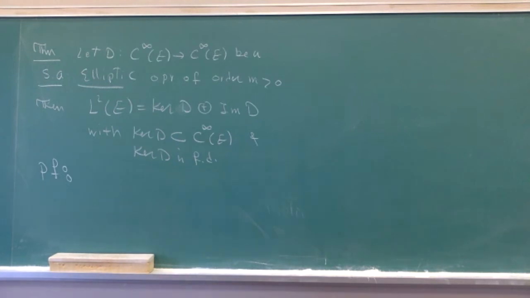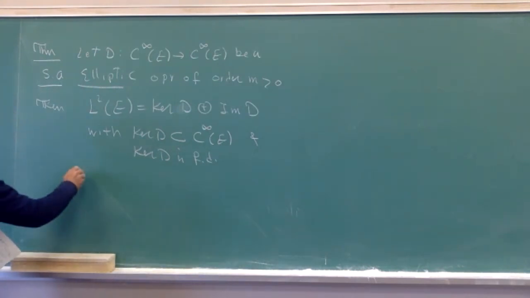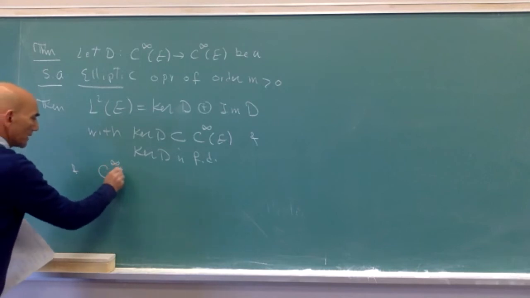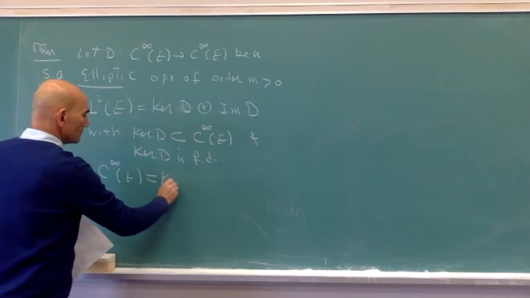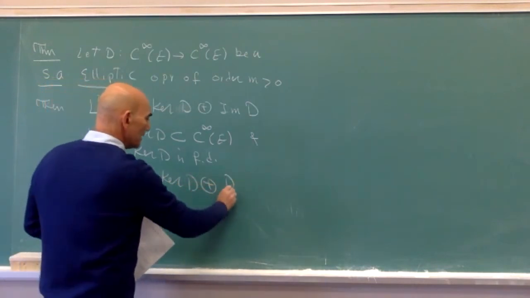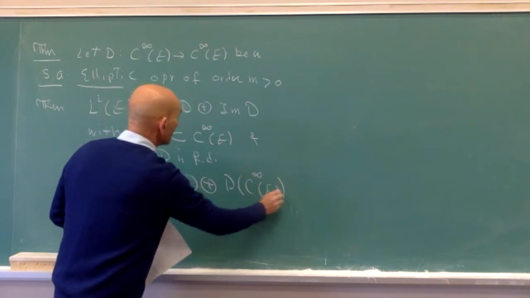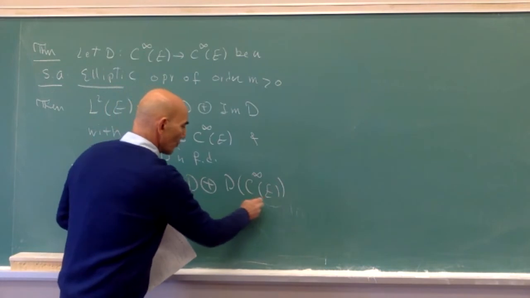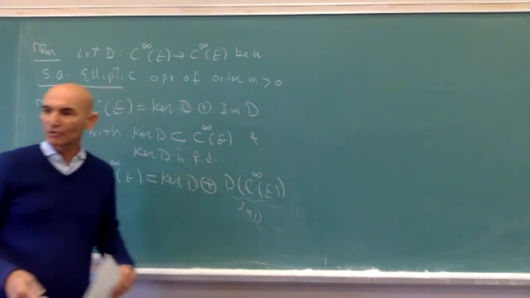Okay. By the way, I just said something, but I better write it. I said that C-infinity of E is also the sum, kernel of D plus D of C-infinity of E. So this is also the image of D, but D restricted to C-infinity functions now.